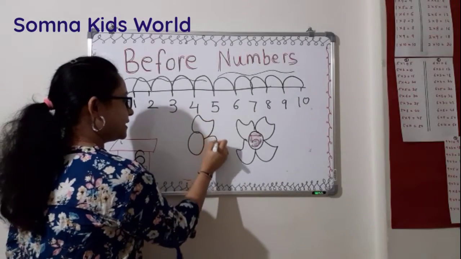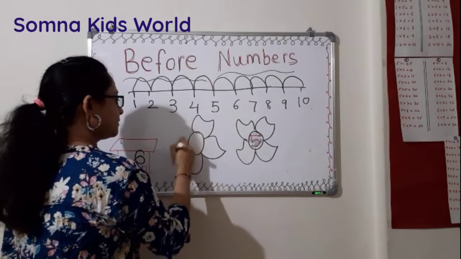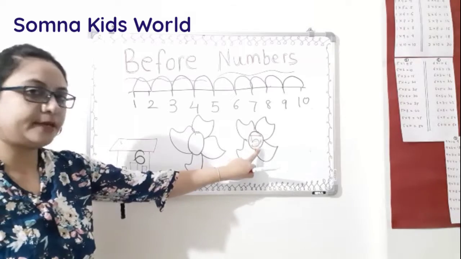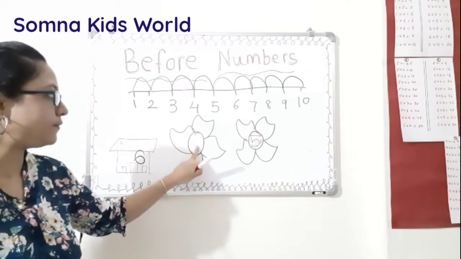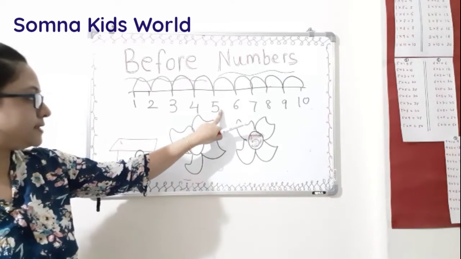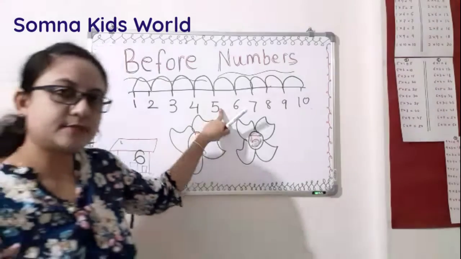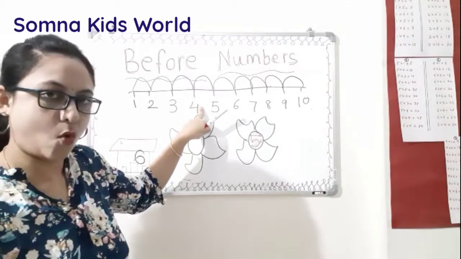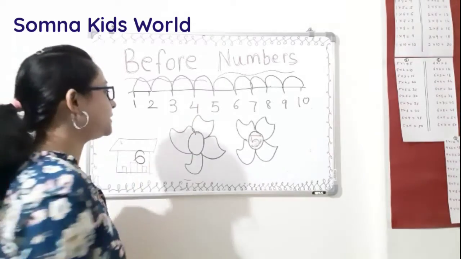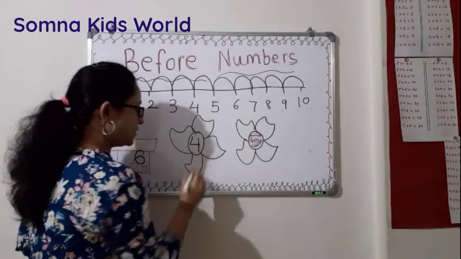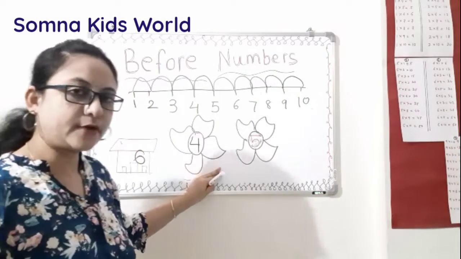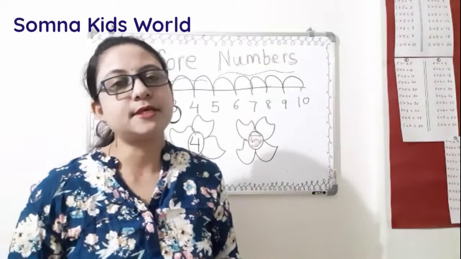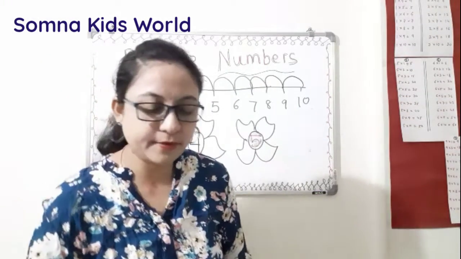Suppose here I have drawn another flower. Now you tell me what number comes before 5. You can see the number line easily. If you ask the child like this, what number comes before 5? The number before 5 is 4. This is number 4.